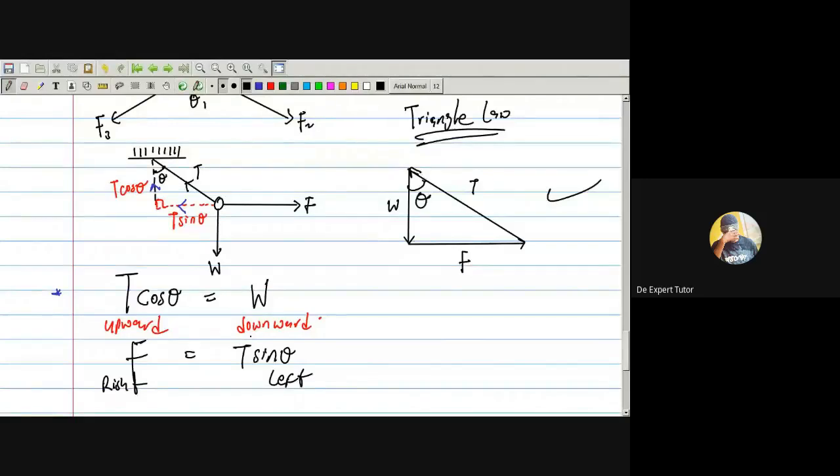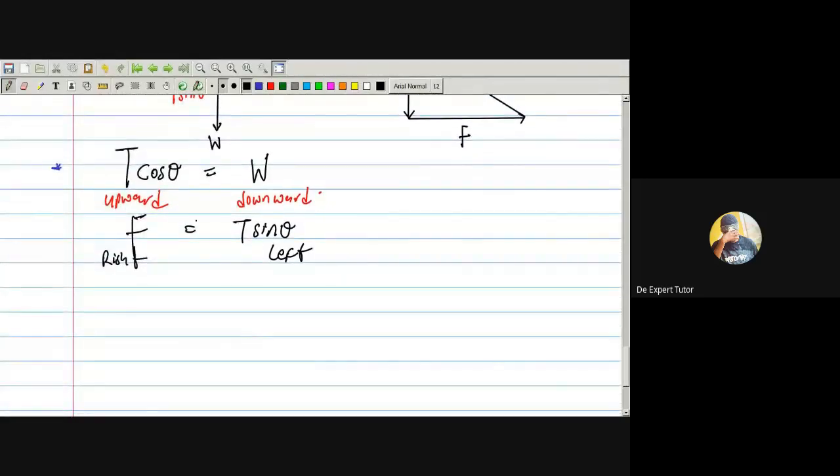Okay, let us look at this simple question based on what I've just explained. We have a particular body being acted upon by different forces. One force goes here, another one is coming down, and we have this force going this way.